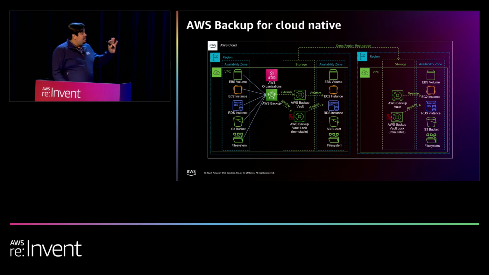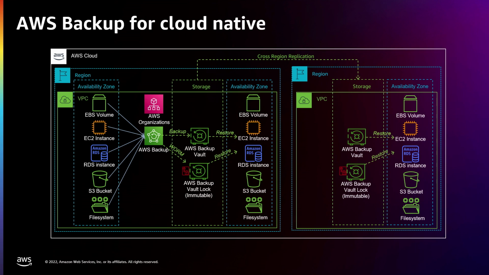So here in the cloud native environment, you can see that all my applications are running within AWS services, so I'm protecting components like EBS volumes, EC2 instances, RDS databases, S3 buckets, just to name a few.